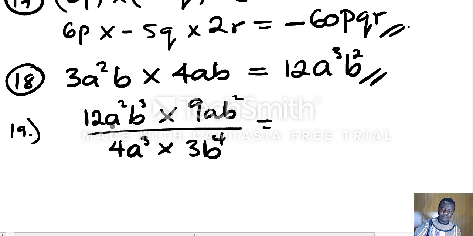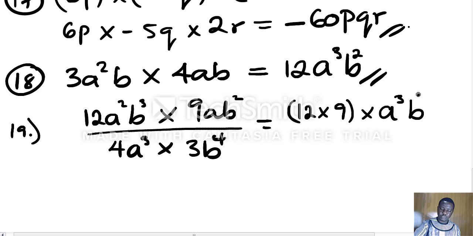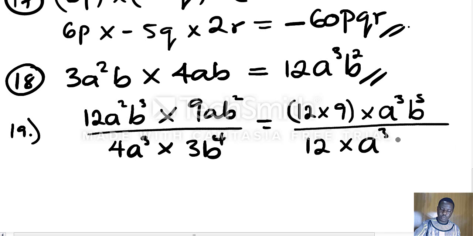Let me simplify. I can call it 12 times 9 for the numbers, then a squared times a will give us a cubed, and b cubed times b squared gives b raised to power 5, divided by 4 times 3, which is 12, times a cubed, b raised to power 4.